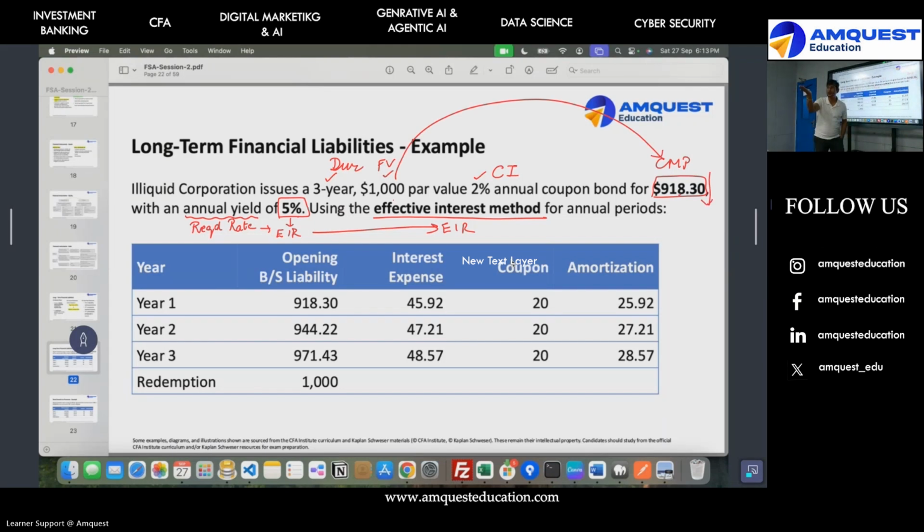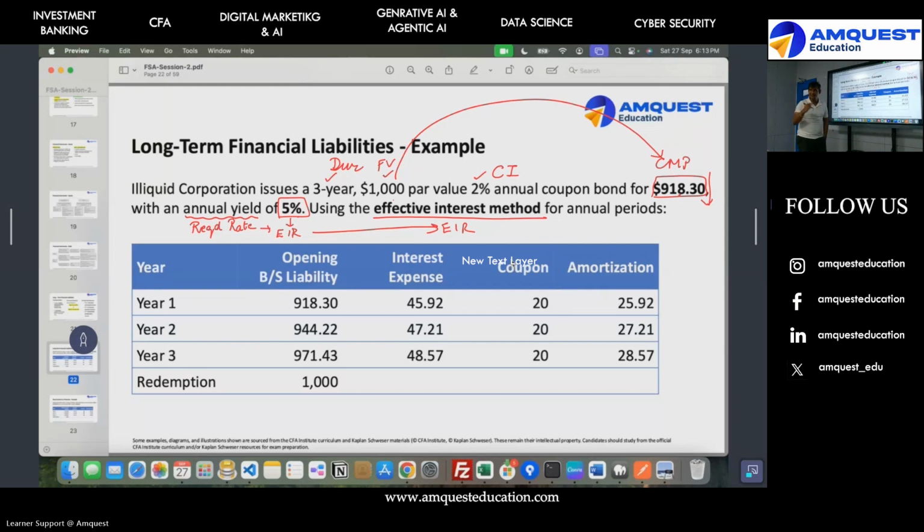Why is it 918? Because it is a discount. And why is it a discount? Because the coupon is less than market. Who would buy this bond when he can go in the market? Market gives 5%, so no fool will buy the bond unless you give an incentive. So the logic is: discount because the coupon rate is less.